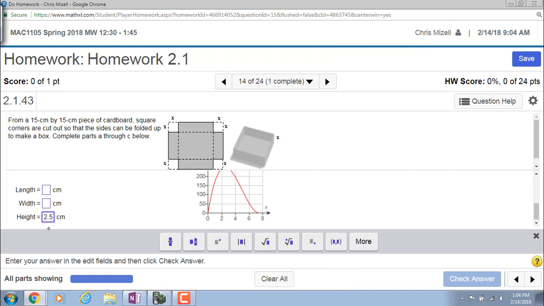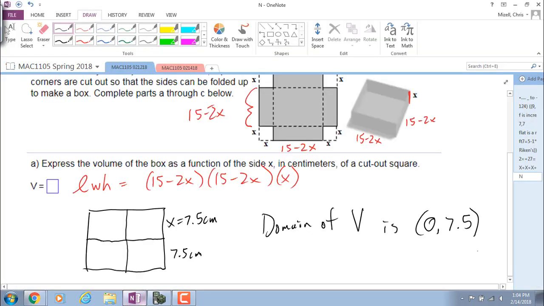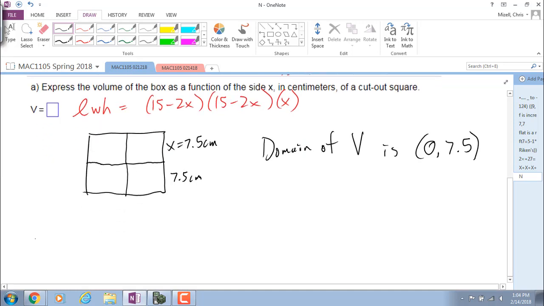Now for the length and width, we calculate those using 15 minus 2x. 15 minus 2x is what we use to represent the length and the width. So for the C part, 15 minus 2 times 2.5 centimeters, and that's centimeters.